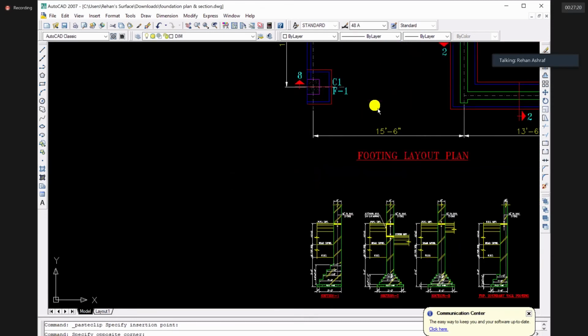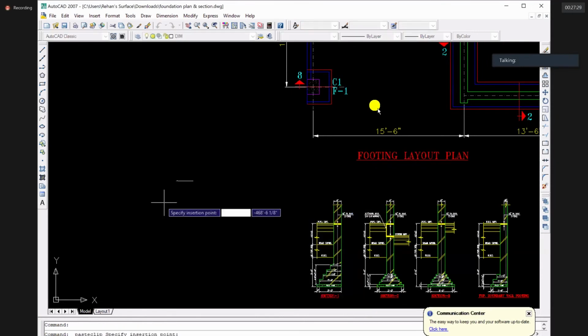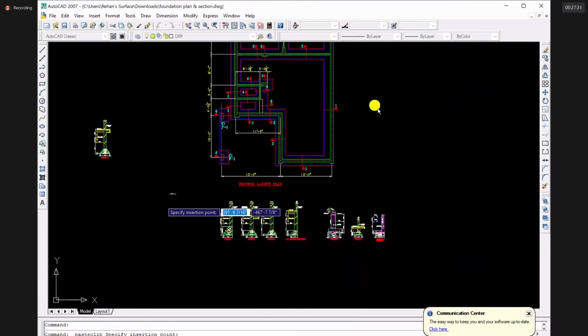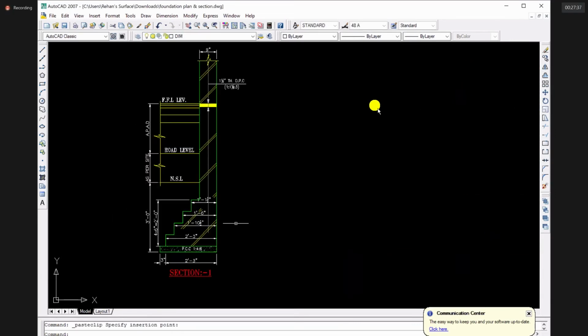Second case can be this one. Now this is a wall which is at the property limit.